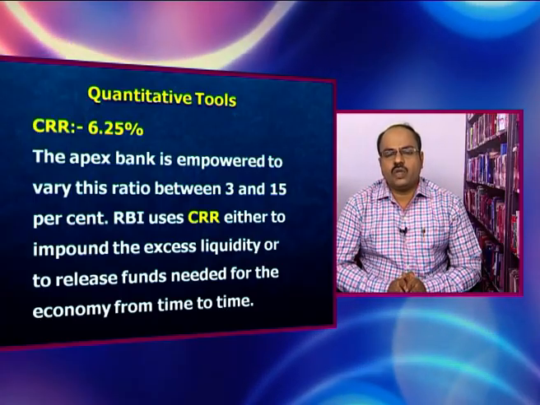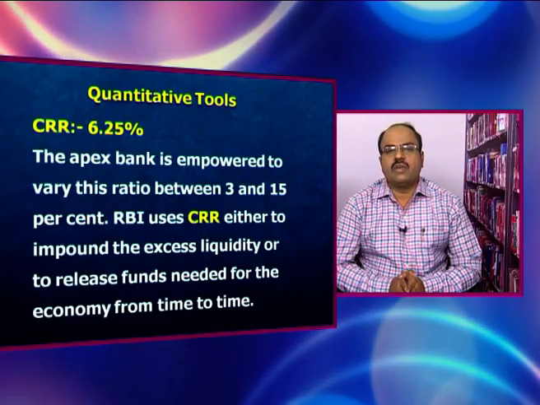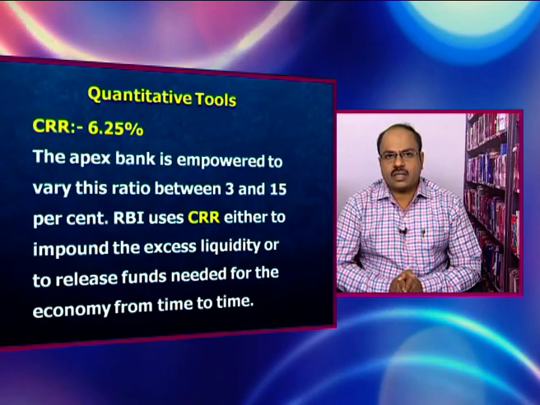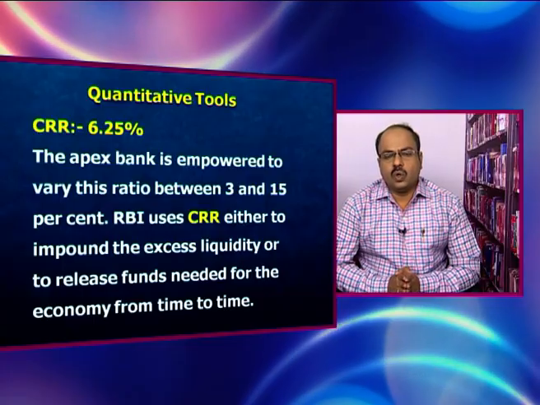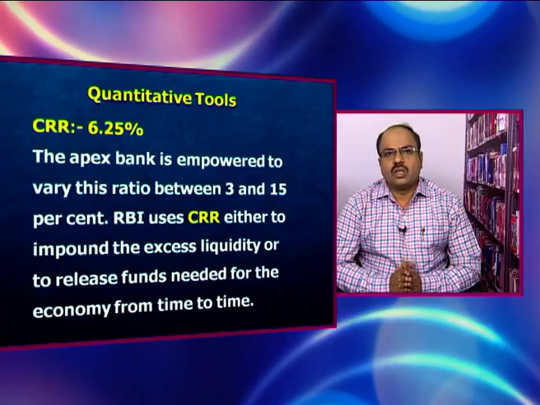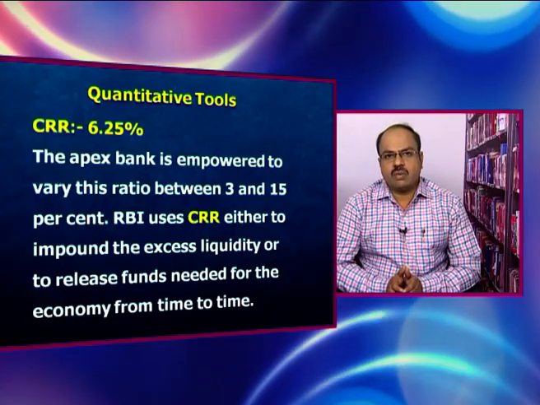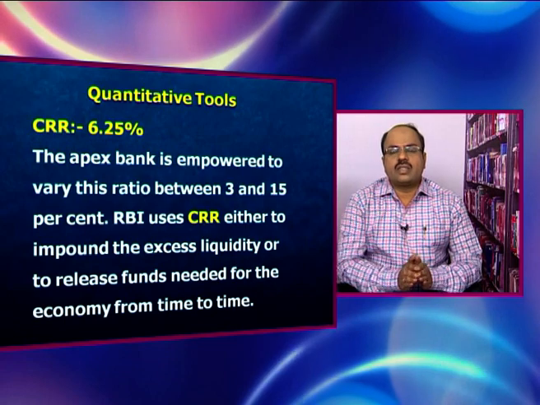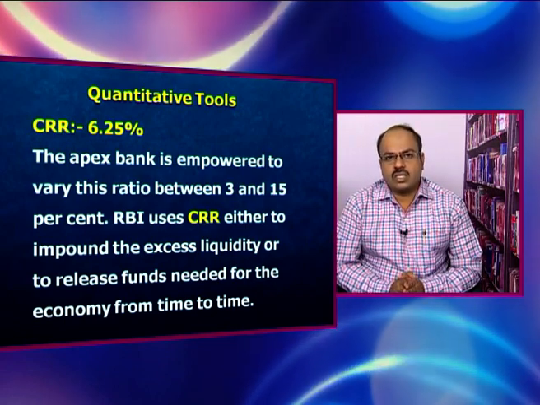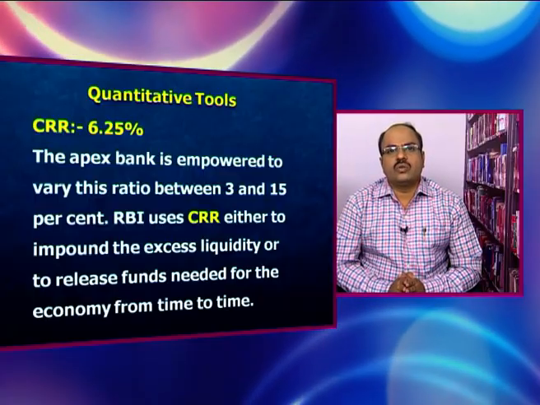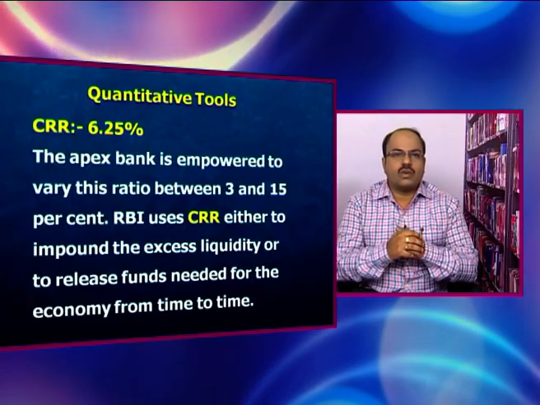So this 6.25%, 6 rupees 25 paise of each 100, will be put aside. If it is 1 lakh, it is 6,250, which will be kept aside by the commercial banks within RBI under safety lockers, and the RBI will not provide any interest on this CRR. This ratio will be fixed by the Reserve Bank of India only.